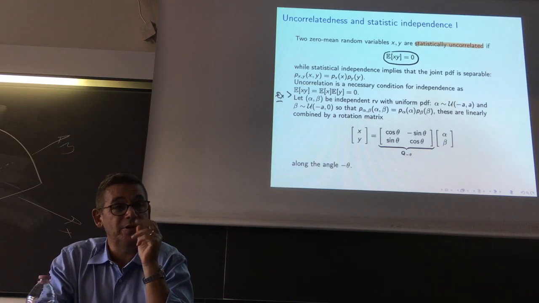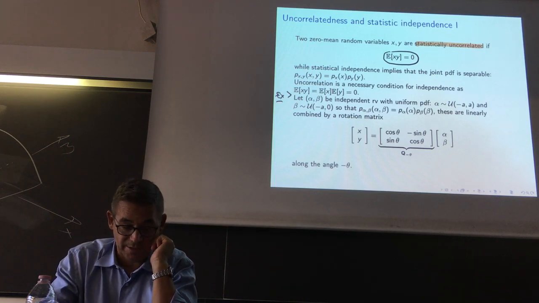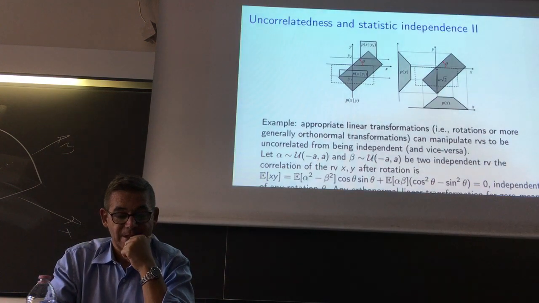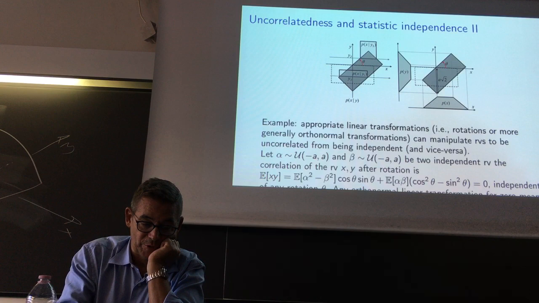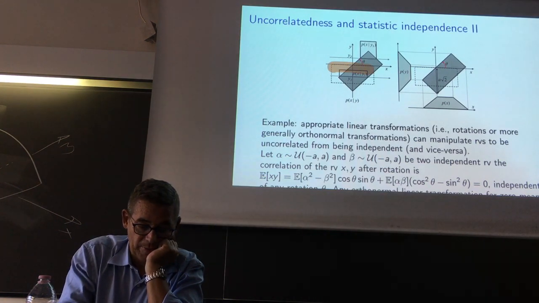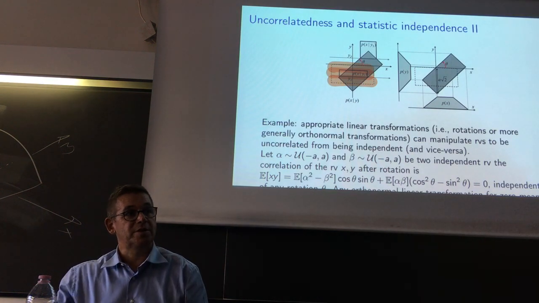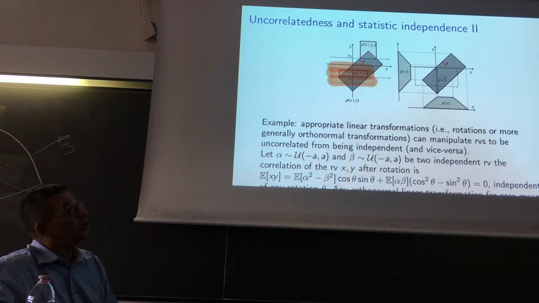Let's consider two random variables that are uniform. Let me go here in the picture. The probability density function belongs to this area, the dashed part.